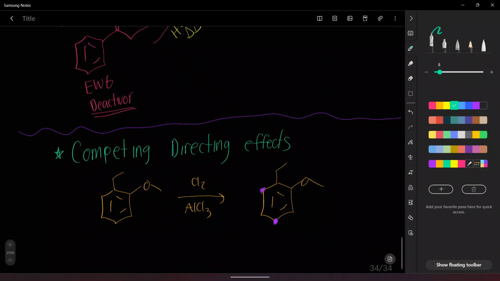But then the green is going to be where the oxygen is directing, and the oxygen is going to be directing here. And so you might say to yourself, well, crap, which one is going to happen? Well, in this case, it's just determined by the strongest donor. So the strongest electron donating group.